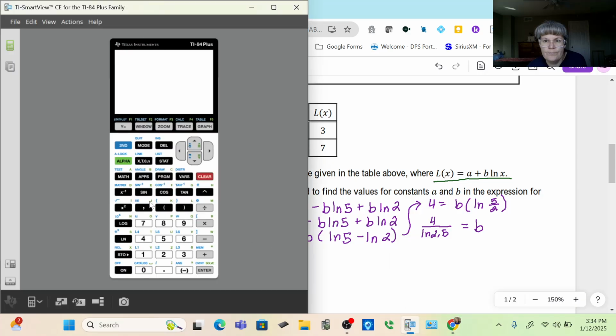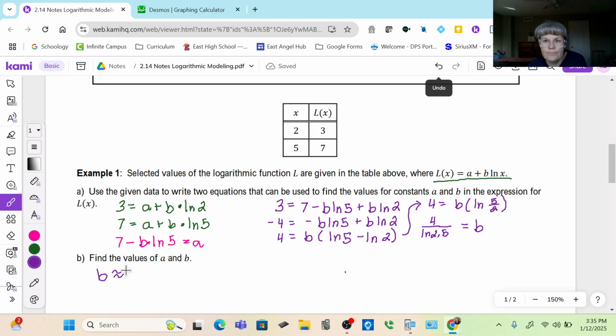Okay, so 4 divided by the ln on your calculator is natural log. I changed it to 2.5 so I don't have to worry about it being a fraction, and enter, and we have approximately 4.365. So 4.365 is my approximate value for b.